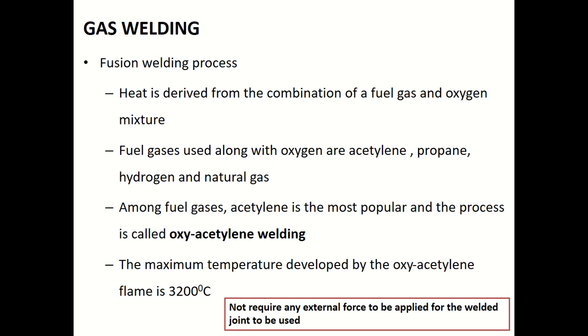Fuel gases such as acetylene, propane, hydrogen, and natural gas are used along with oxygen. That's why I told you it is a combination of a fuel gas and an oxygen mixture.